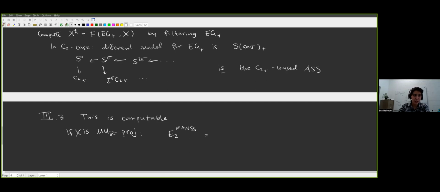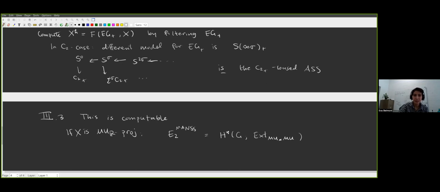The E2 page for the homotopy fixed point spectral sequence starts with group cohomology, and so this should look familiar. So you just have the group cohomology with coefficients in Ext.